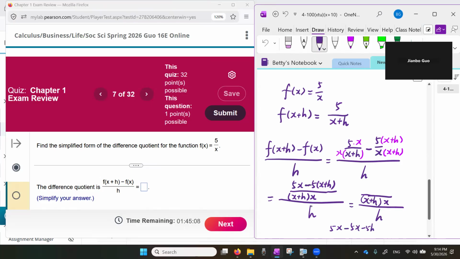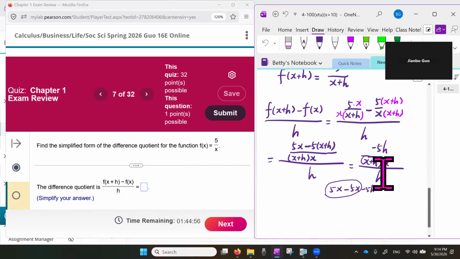Don't forget the negative sign: negative 5x minus 5h. 5x minus 5x cancel, so we have a negative 5h. I hope you can see that those two h's cancel each other, all right? If not, try using keep change flip. So what we have is actually negative 5h over x plus h times x, divided by h over 1.